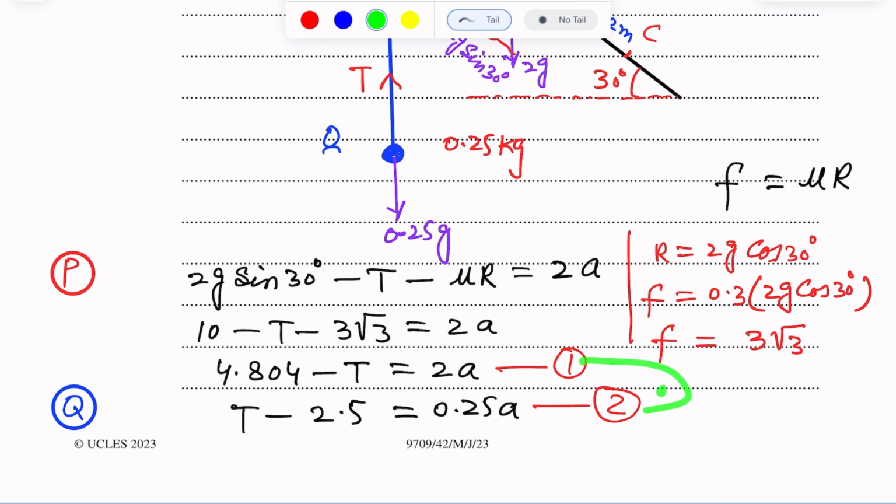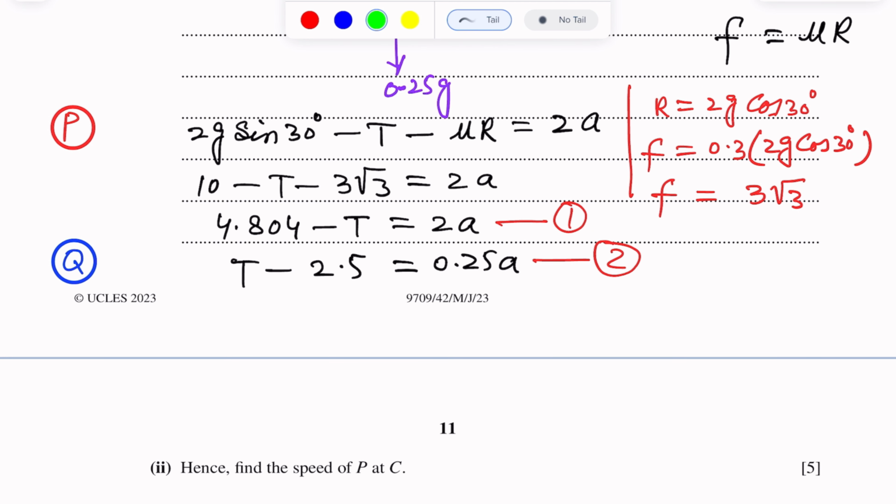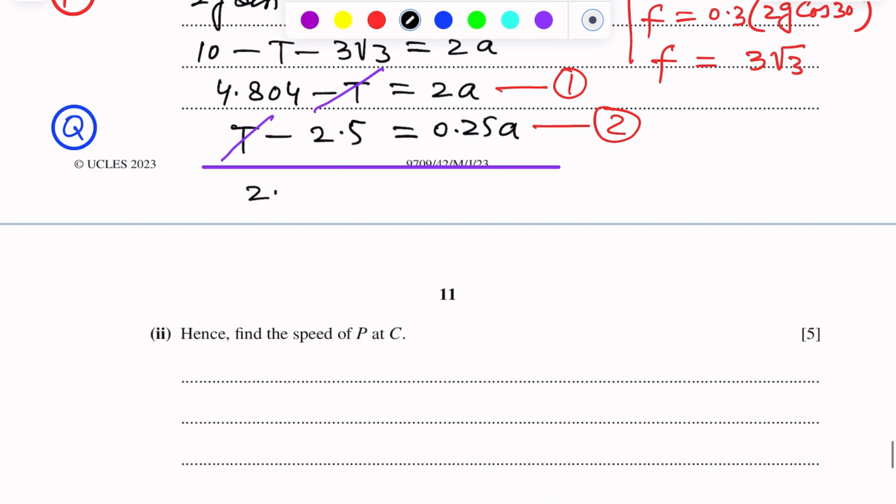Now we will solve these two equations simultaneously, and we will get the value of a from here. Just adding these two equations, minus T and plus T cancel. 4.804 minus 2.5, we get 2.304. The right side will be adding these two terms, we get 2.25a.